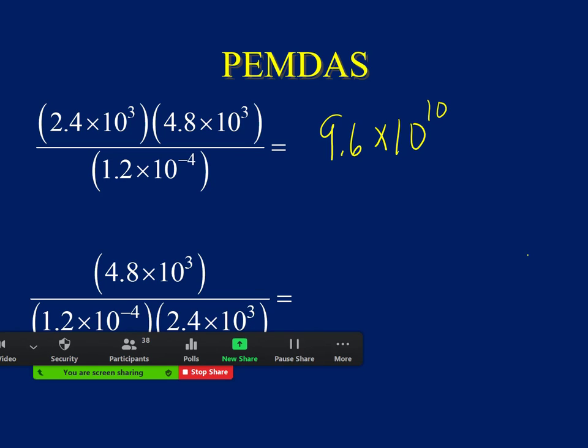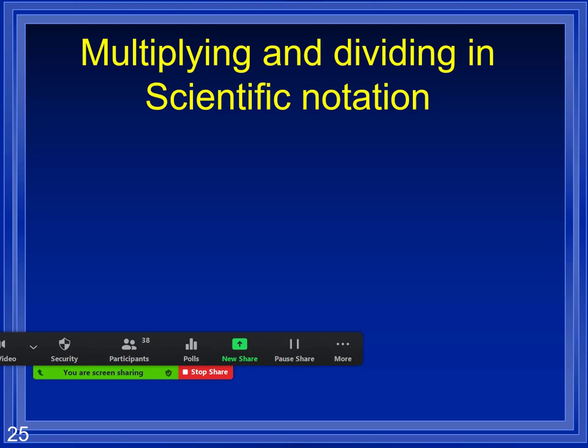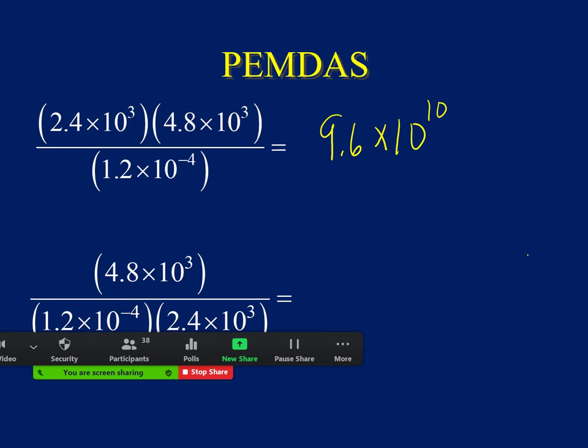Okay, so a quick check that you didn't make a silly mistake. The top is multiply, right? The top is multiply. So I'm going to add those two exponents and I'm going to get 6. The bottom is subtract, so 6 minus a negative 4 is 10. So the quick check is to make sure your exponents work out.